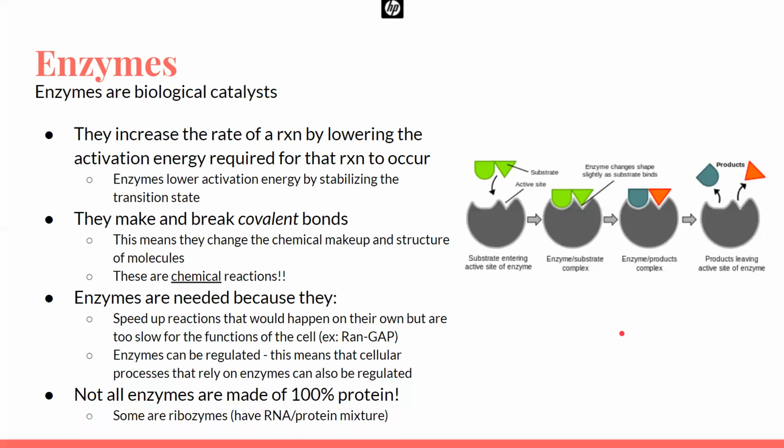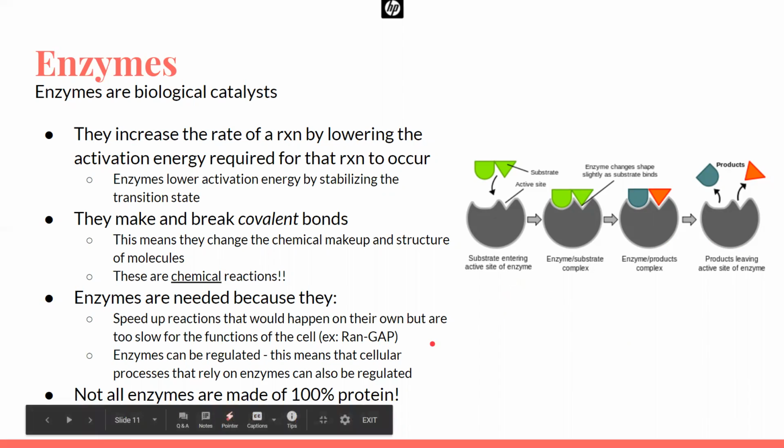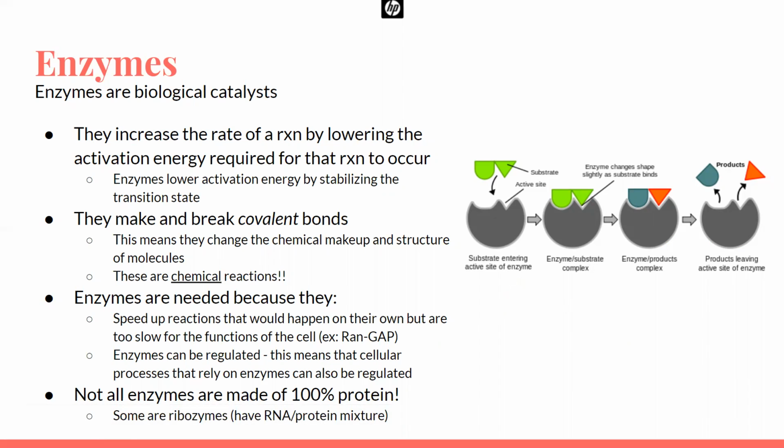So enzymes are needed because they speed up reactions that would happen on their own, but are too slow for the function of the cell. So an example is RAN gap, which you guys are probably like, what the heck is this? I've never heard of that before. But this is something we'll talk about in 2 weeks.